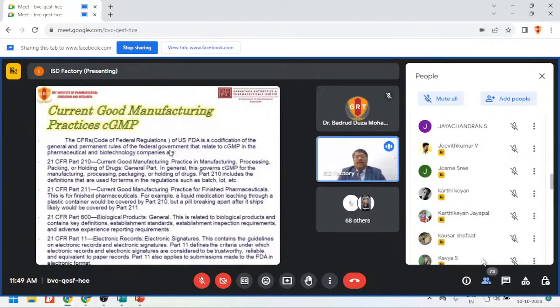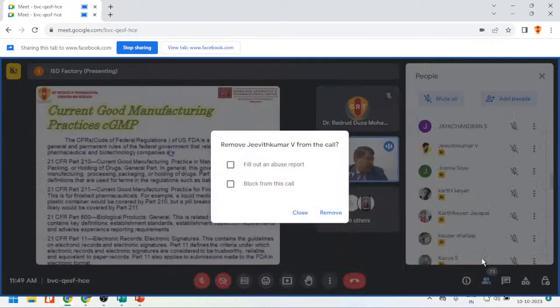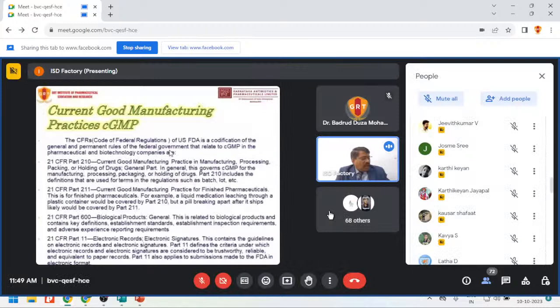Even batch manufacturing records are maintained in electronic media only.